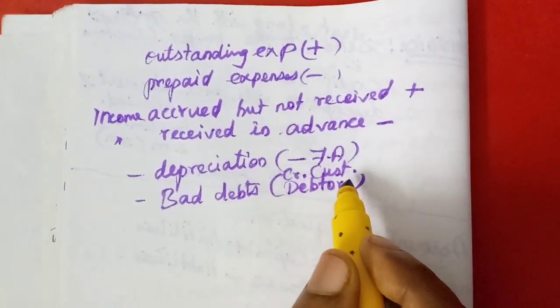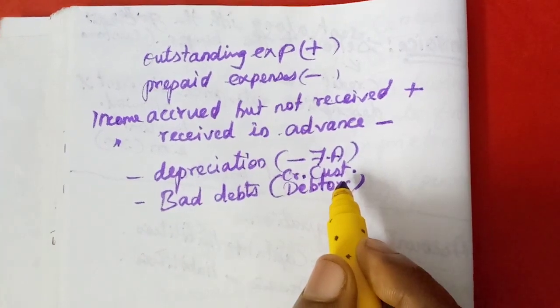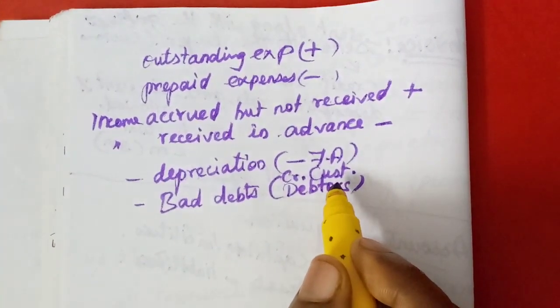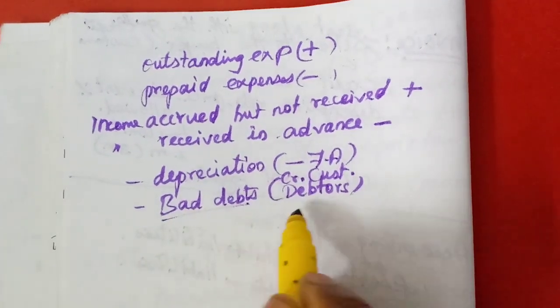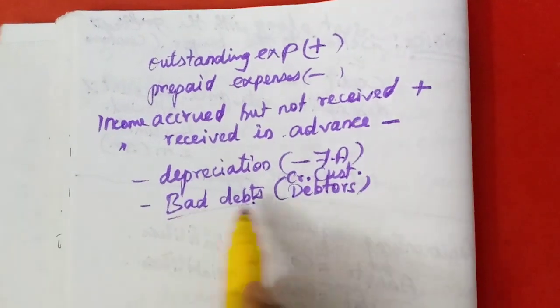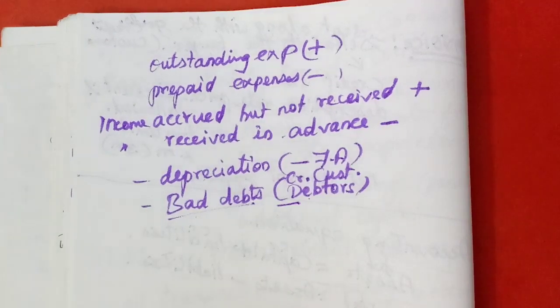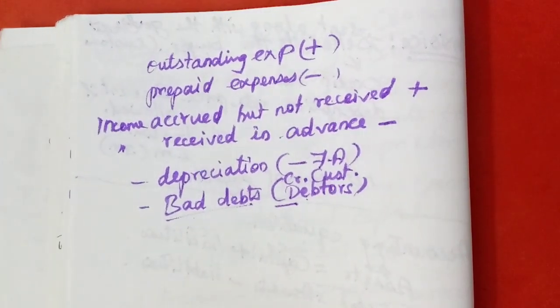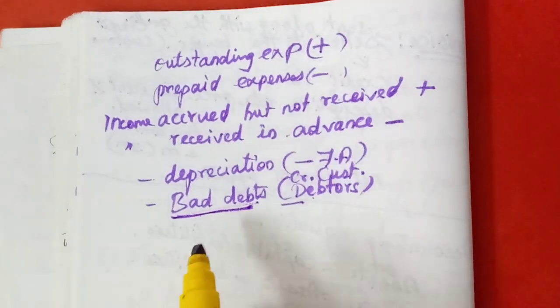He may not have any descendant, maybe the wife or son or daughter, no one, no relative, no property, nothing. So we cannot recover that debt from that particular customer. So that will be considered as bad debt. So this will be deducted from the debtors. So we have to provide this one. This one again I will explain later in this concept.